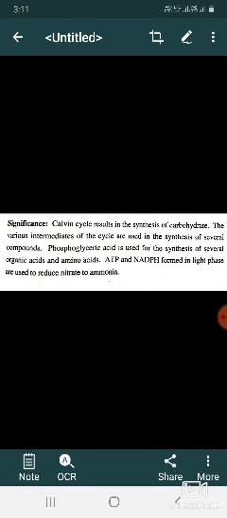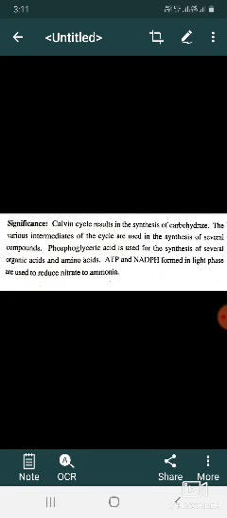So the carbon dioxide fixation by Calvin cycle to form one molecule of carbohydrate requires 3 ATP and 2 NADPH plus 2 H plus molecules.